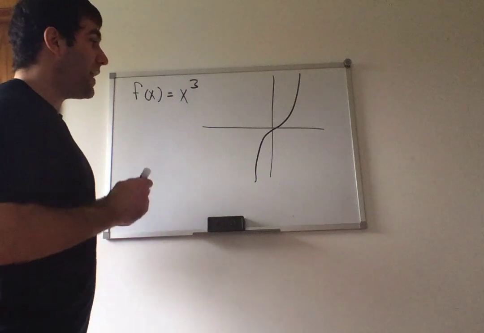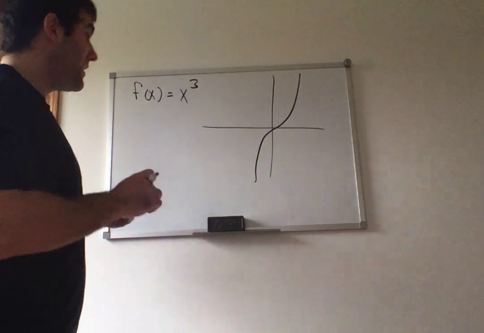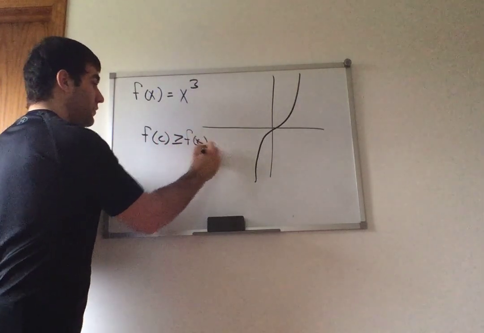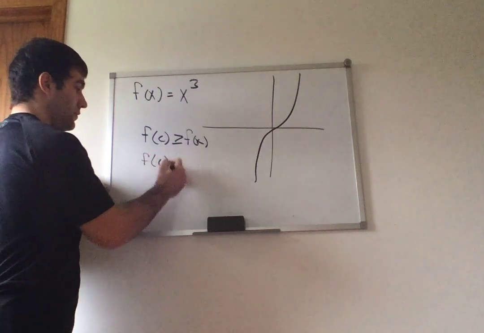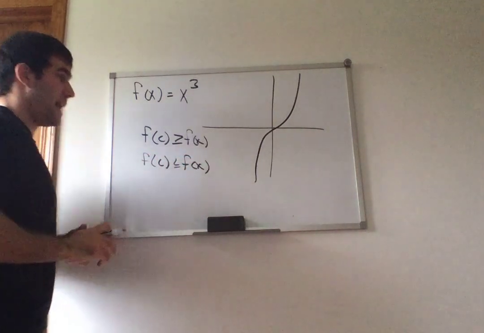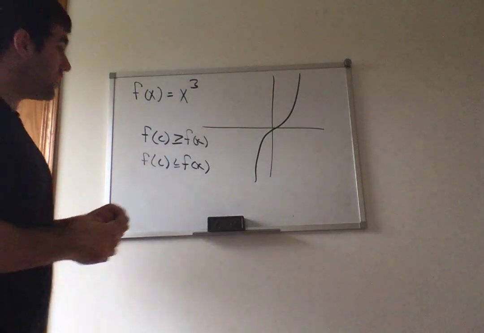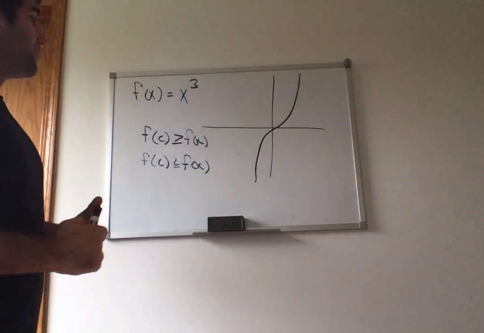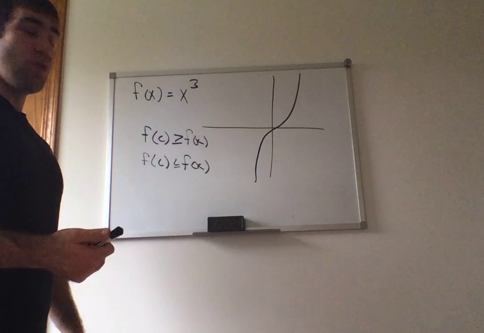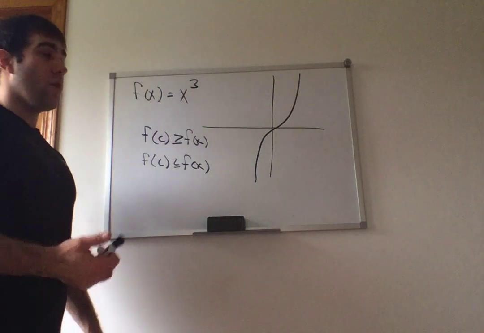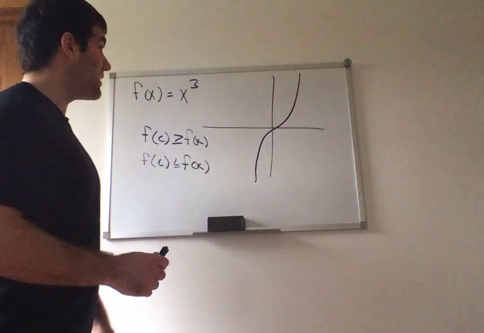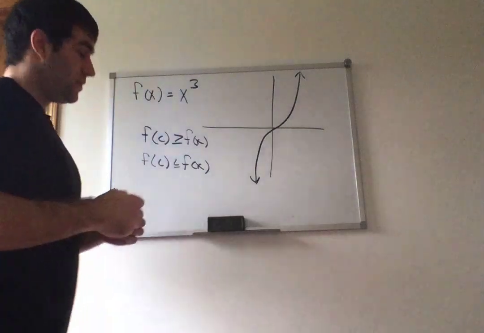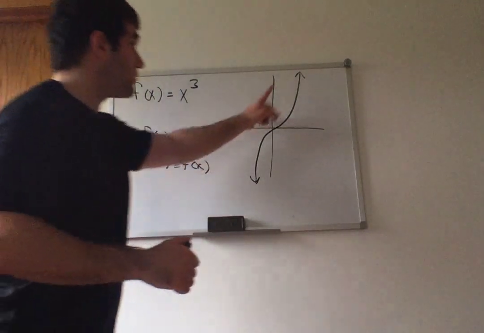You would not be able to find a piece of this graph that satisfies any of the inequalities like that. Okay? If you look, this graph is forever increasing. It keeps getting bigger and bigger and bigger. So, therefore, you can't have any local mins or local maxes, or any absolute mins or absolute maxes. And again, we're considering this on its entire domain. So this graph keeps going down here, this graph keeps going up there.